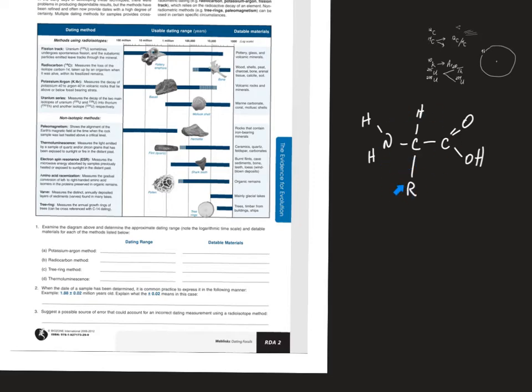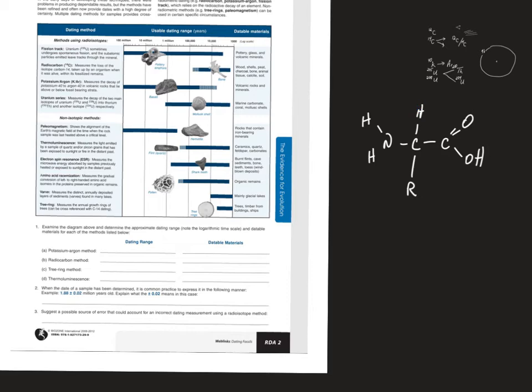is a matter of time. They'll flip. The R group will flip to the other side in a fairly predictable time period, again allowing you to use it as a clock. We call these isomers, whether they're on one side or the other side. If you have the R group on this side, you call it one isomer.